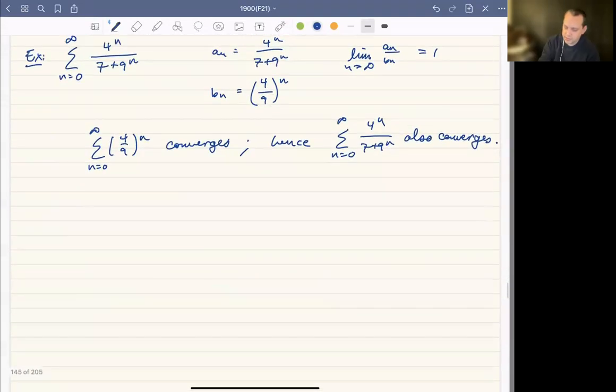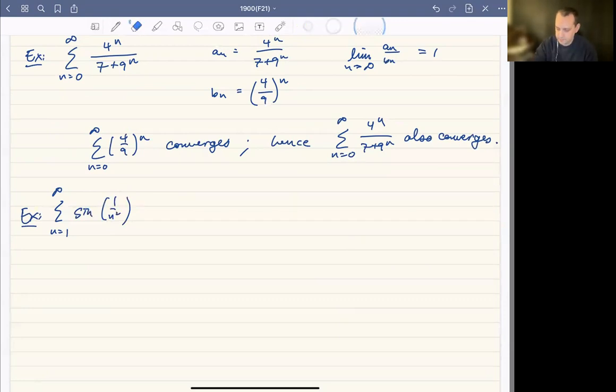And the last thing I want to do is look at the sum from 1 to infinity of sine of 1 over n squared. Okay, so I want to look at sine of 1 over n squared.